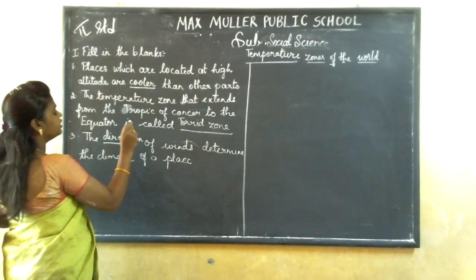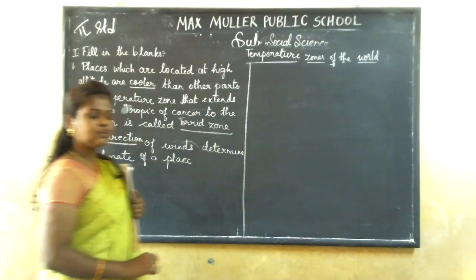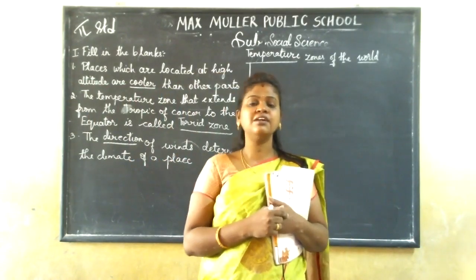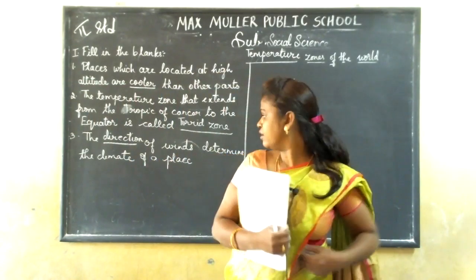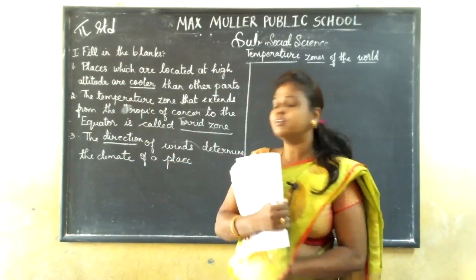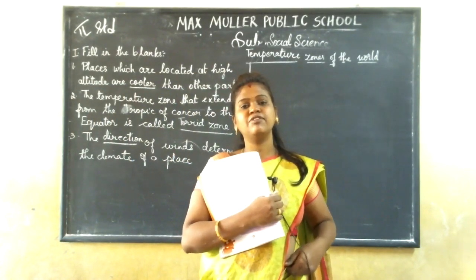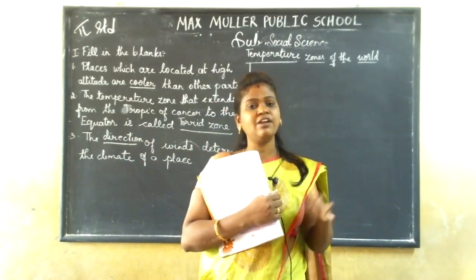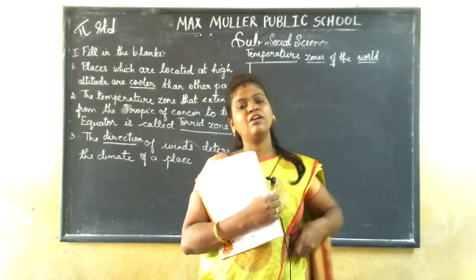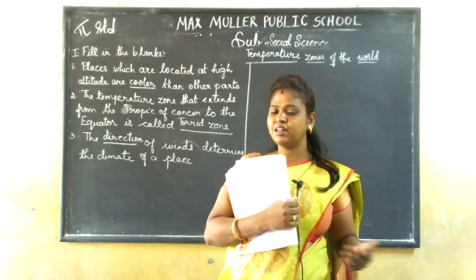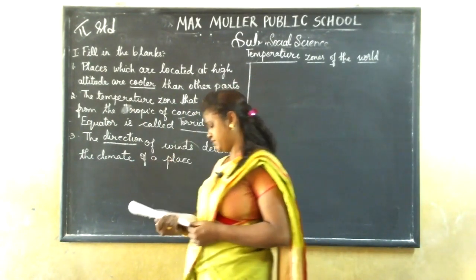So here the direction of winds helps to determine the climate of a place. It determines the climate of a place, whether it is very hot, cold, or rainy. So these are the things which determine the climate of a planet.